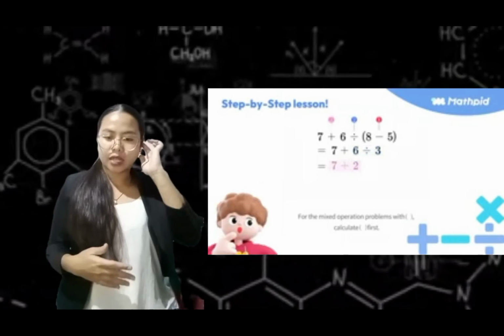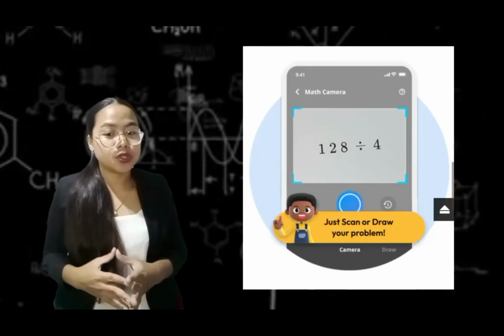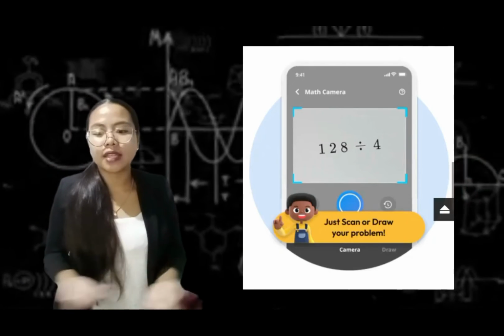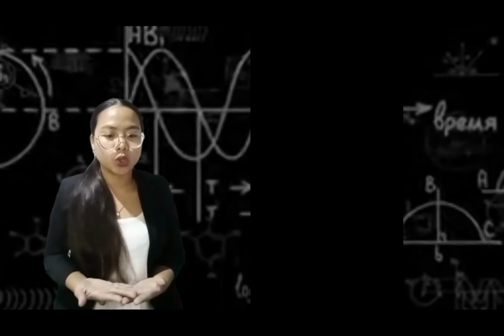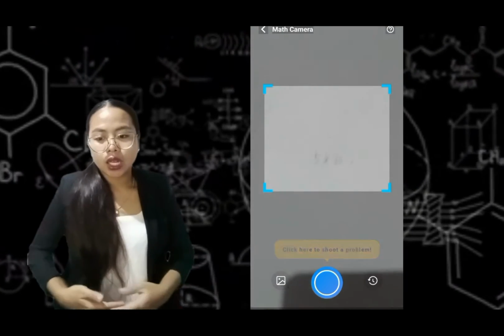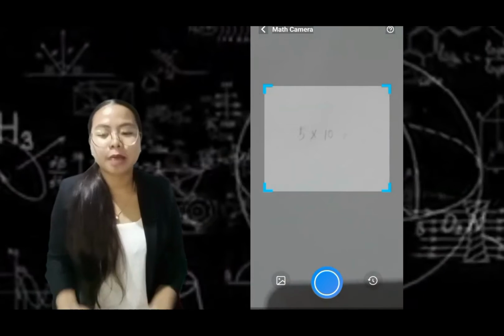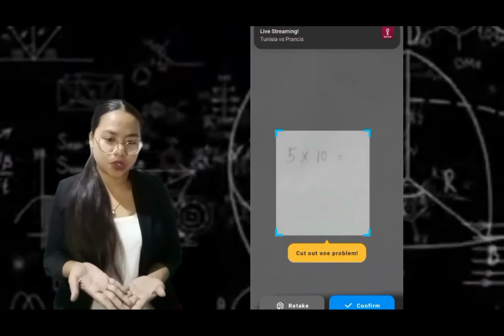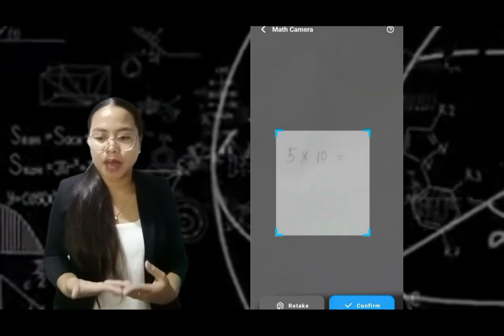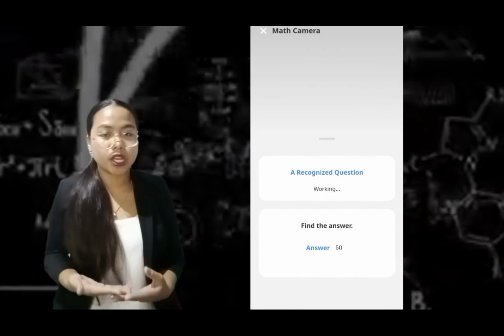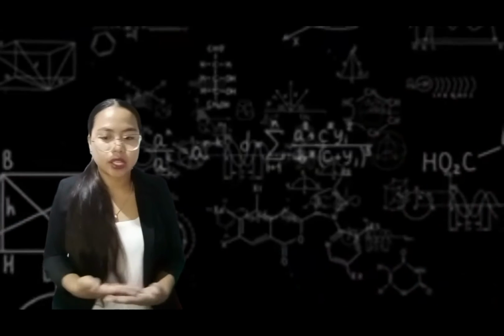Math Camera. Instant solutions for any types of math problems, including handwritten ones, and step-by-step lessons, numbers and bite-size explanation videos to make the concept clear.